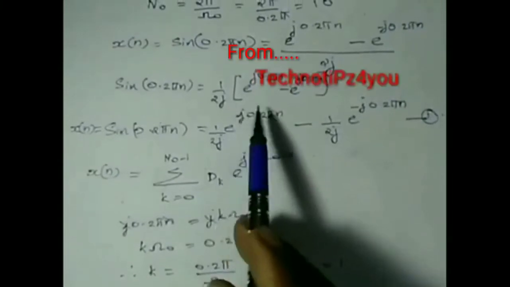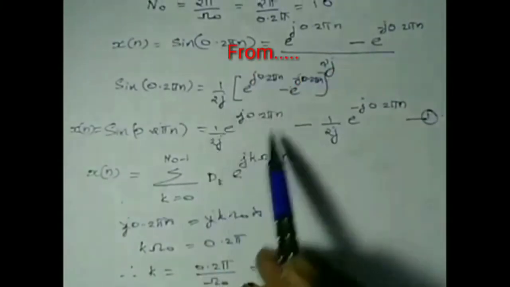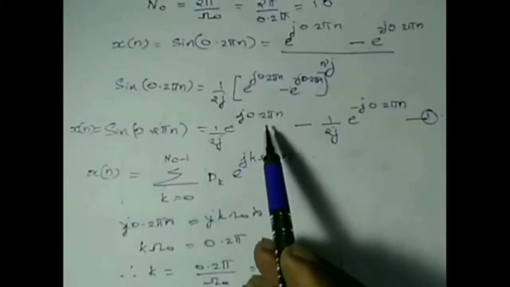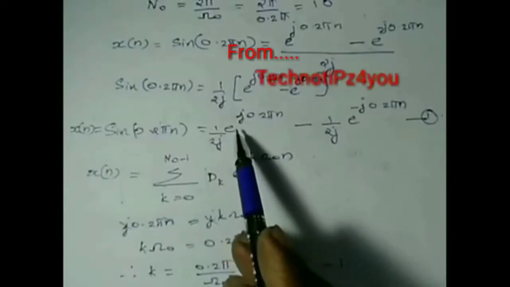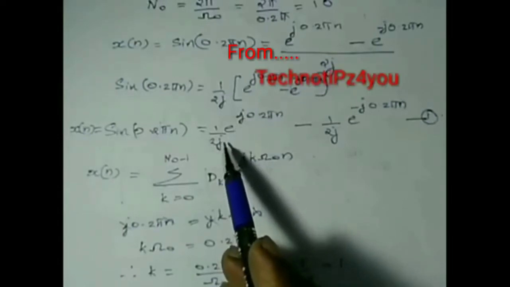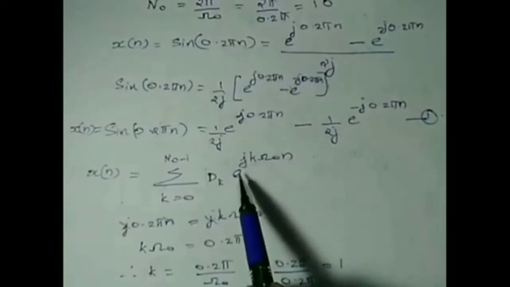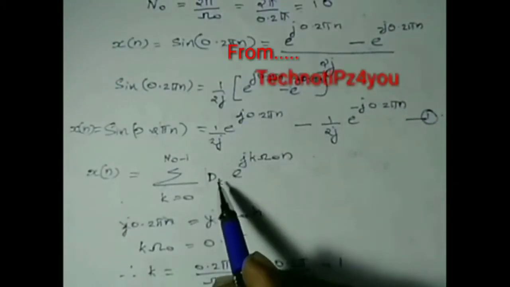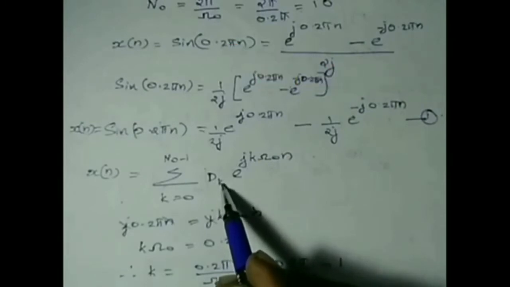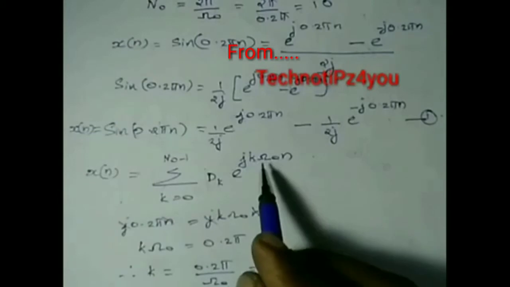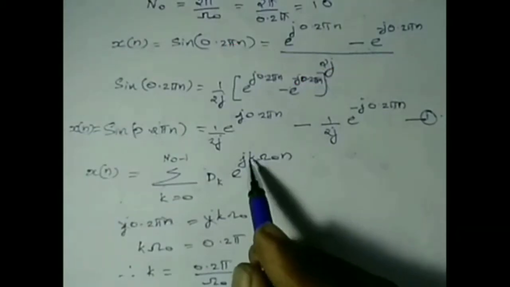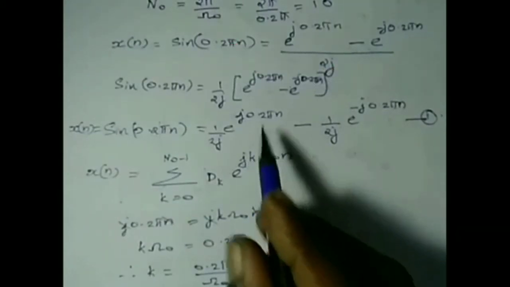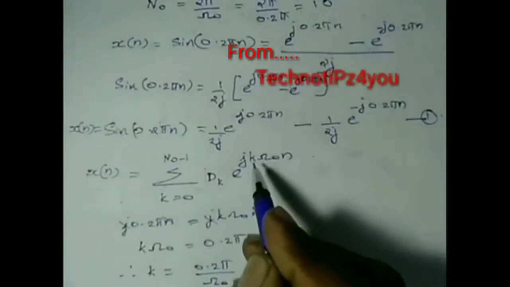Now the value of k obtained for the first term is equal to 1. So naturally this will be the dk term, as both these equations are equivalent to each other. Everything is comparable here.